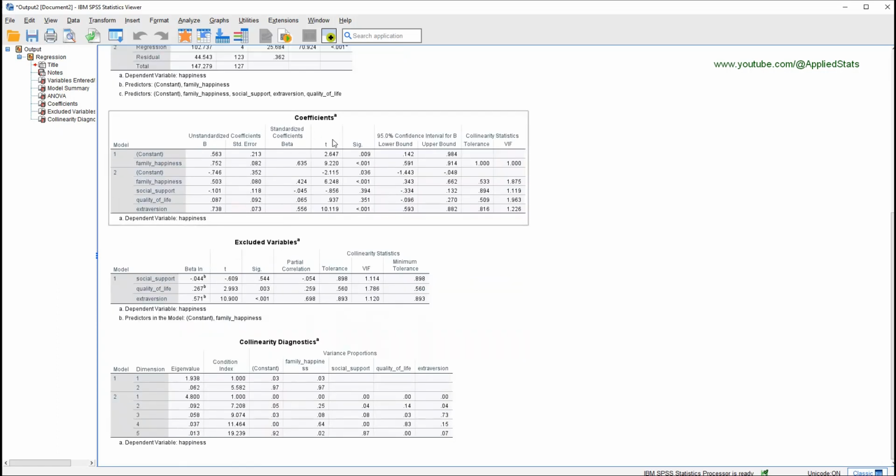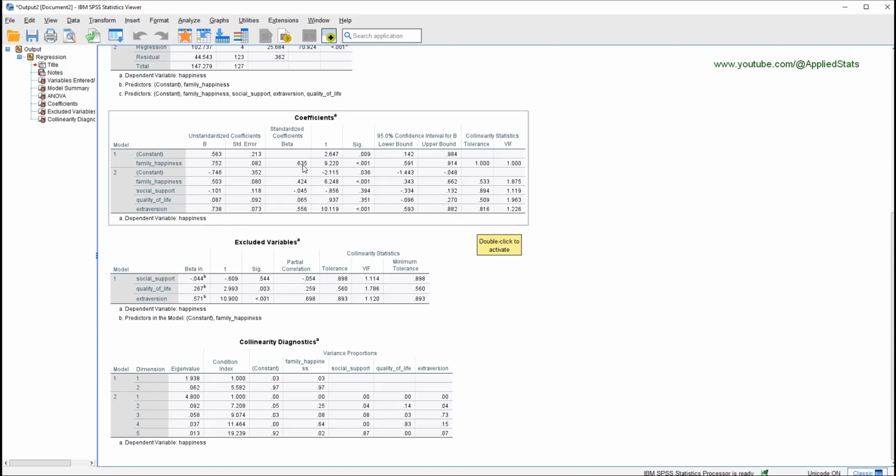And these are coefficients, regression coefficients related to your predictors. In your first regression, family happiness was a significant predictor of happiness. And you can see that the unstandardized regression coefficient was 0.75.